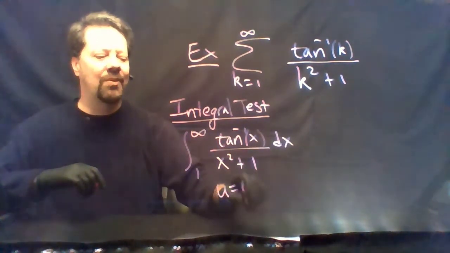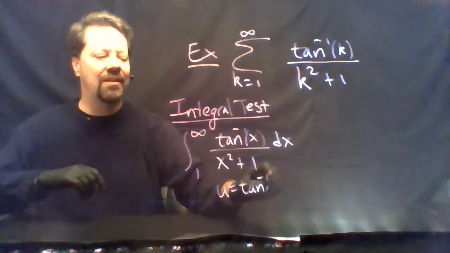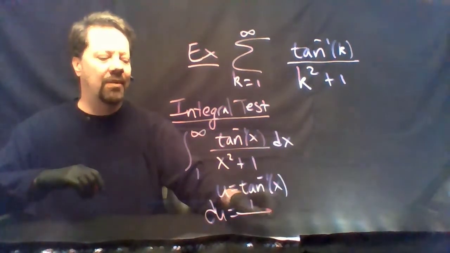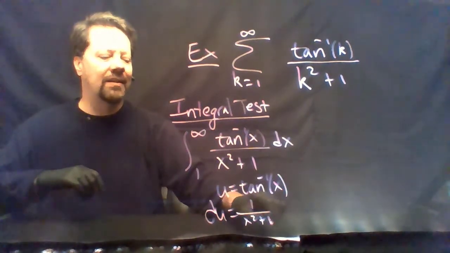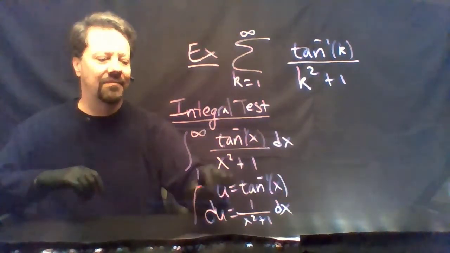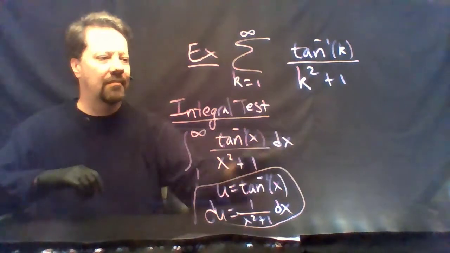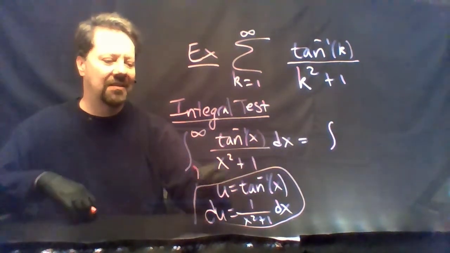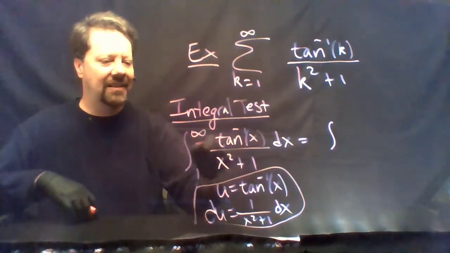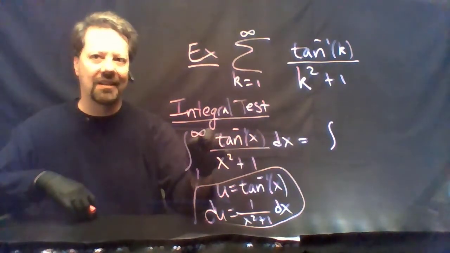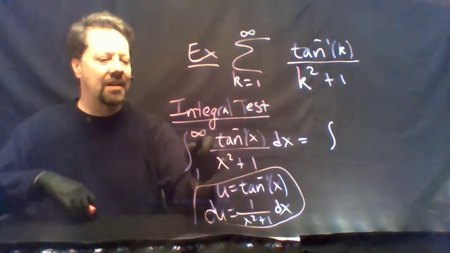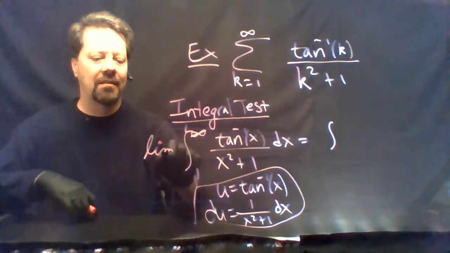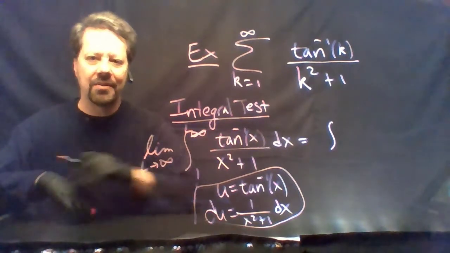If we set u equal to the thing that has its derivative lying around, then du will be 1 over x squared plus 1 dx. Now, let's think about this. Technically, there's a limit that goes on here. A limit as the upper limit here goes to infinity.